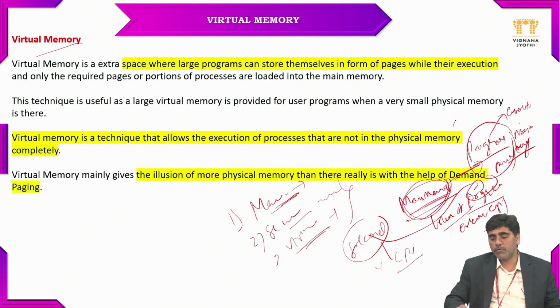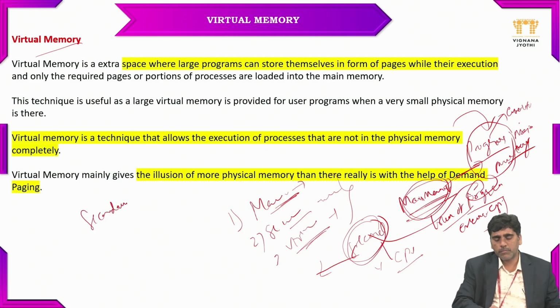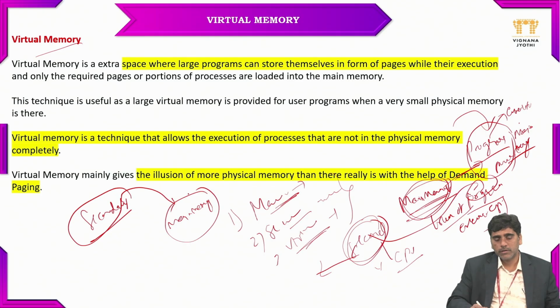But before loading into the main memory, all these processes are available in the secondary memory. From the secondary memory they are loaded into main memory. Suppose, for example, a process with a size of 2 KB is loaded into the memory for execution.